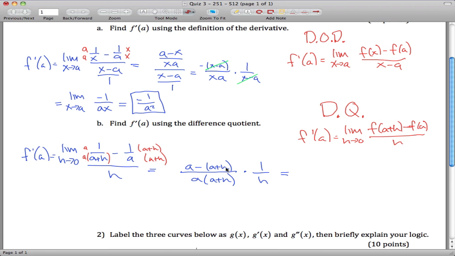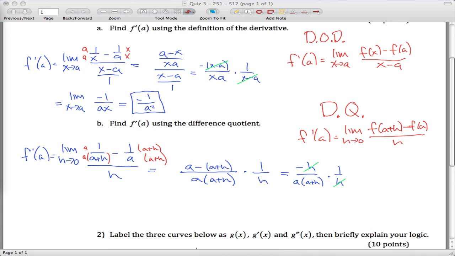Alright, a minus all this mess, a minus a plus h, is a minus a goes away, negative h is what I'm left with. And then on the bottom here, I guess I can just leave it like that, a times a plus h. Now what happens is this h and this h cancel each other out.